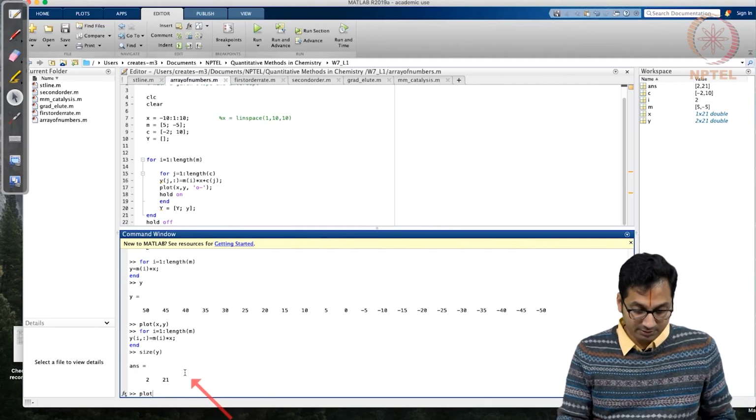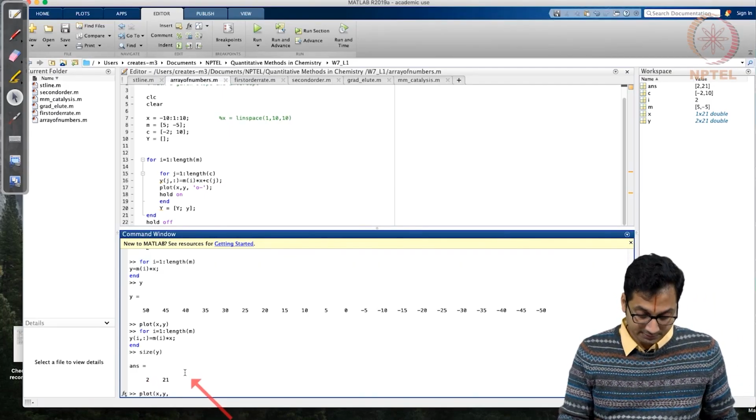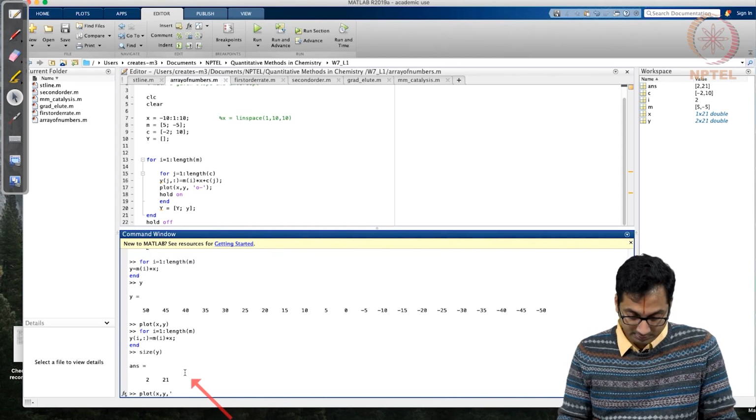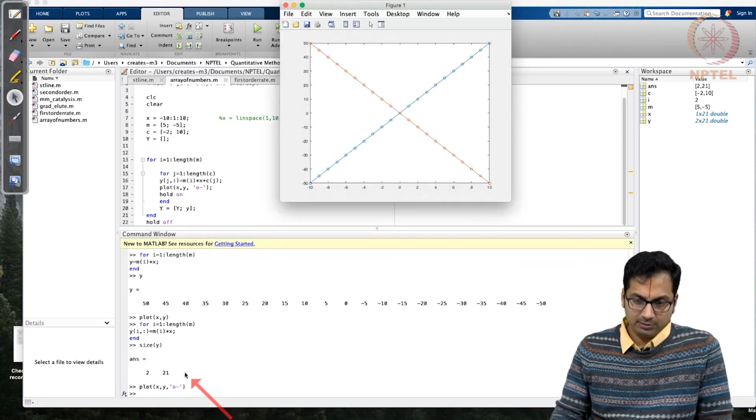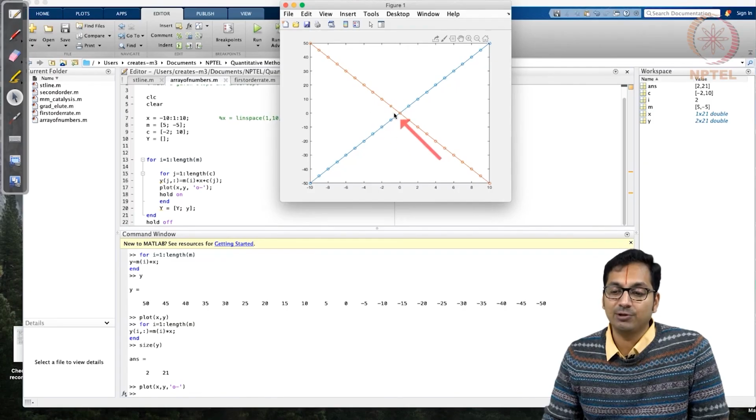Let's see whether whatever we did made sense. There you go. So you are able to plot it, but of course here the intercept is 0 for both the cases, which we are not very happy with.